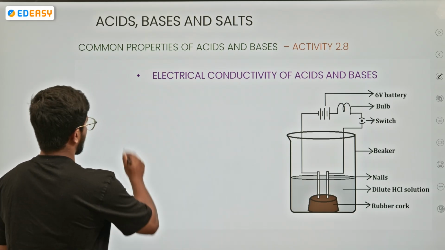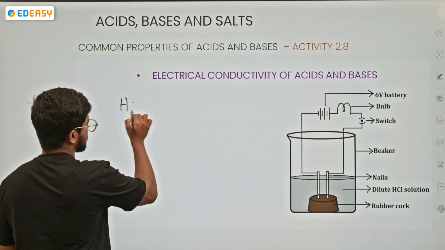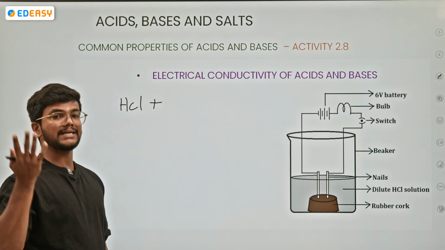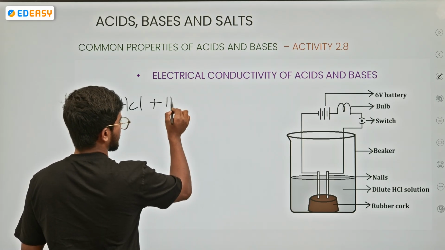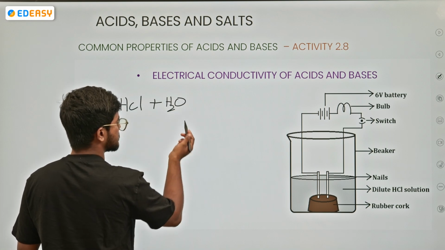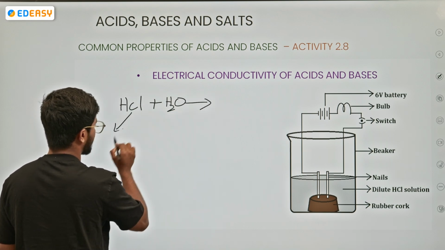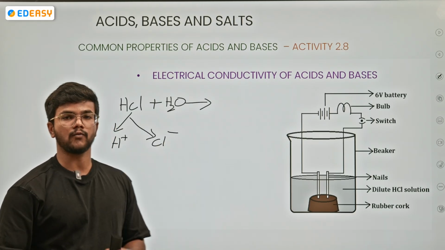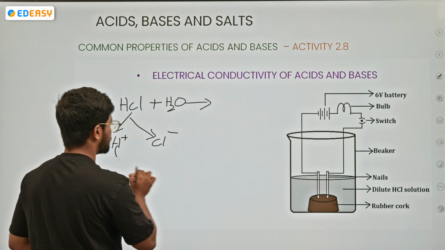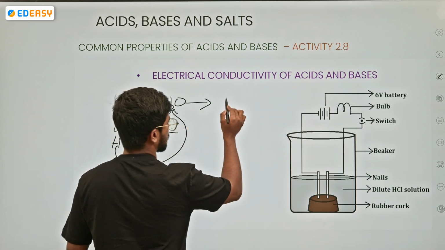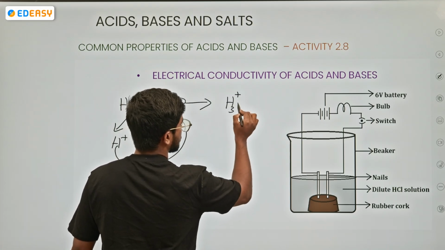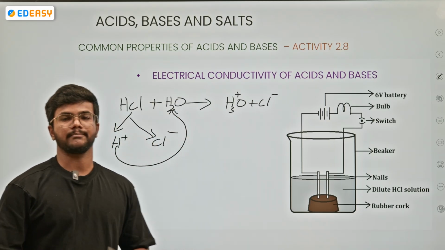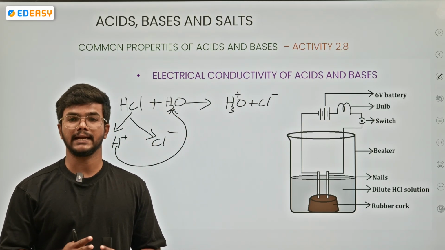So when an acid like HCl is dissolved in water, that is an aqueous solution, HCl will be divided into H plus and Cl minus in the water. Okay, so this H plus reacts with H2O, it gives H3O plus and Cl minus.